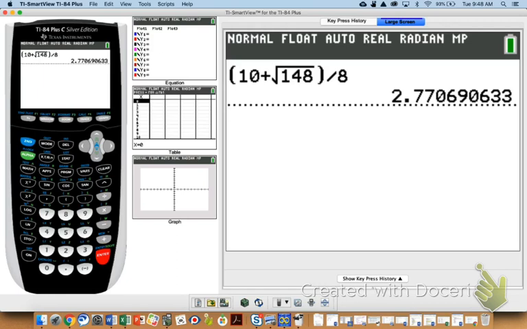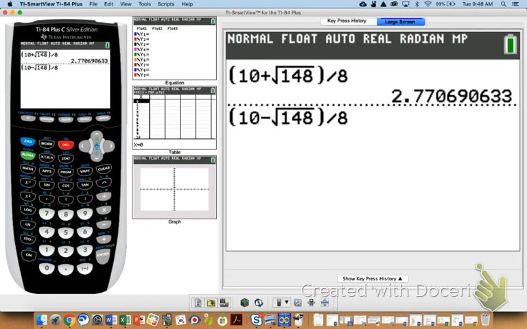Then if I want the other answer, so Caroline, I think we did get it right, would be 10 minus the square root of 148, close the parentheses, divided by 8. Watch the button that turns red. Just arrow right.